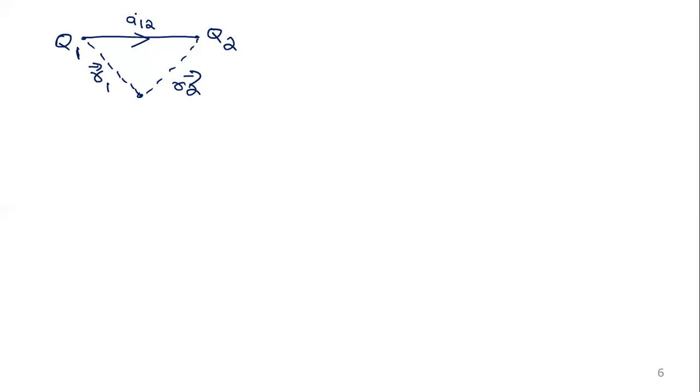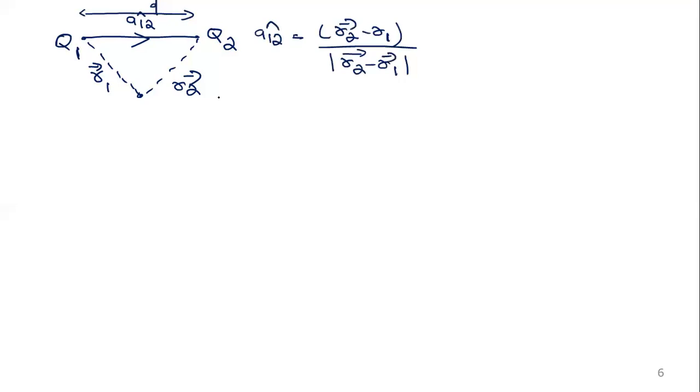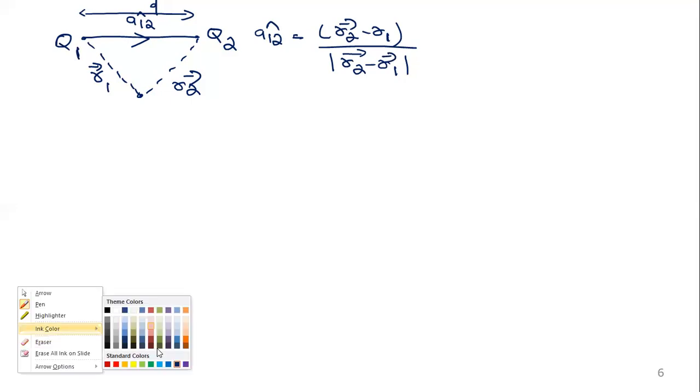Are you able to recollect? So a12 is vector R2 minus vector R1 divided by the modulus of vector R2 minus vector R1. These things you already studied. Now what will be F when we consider the direction also?